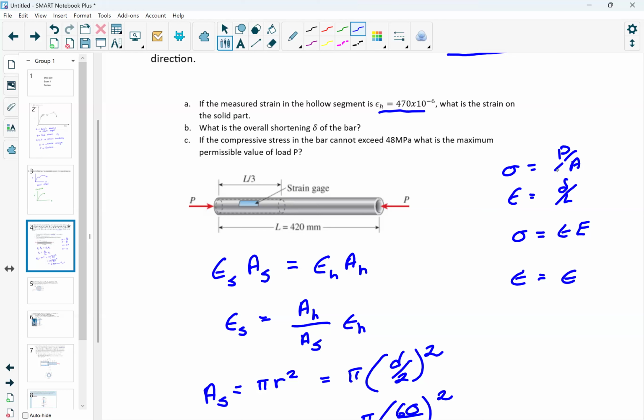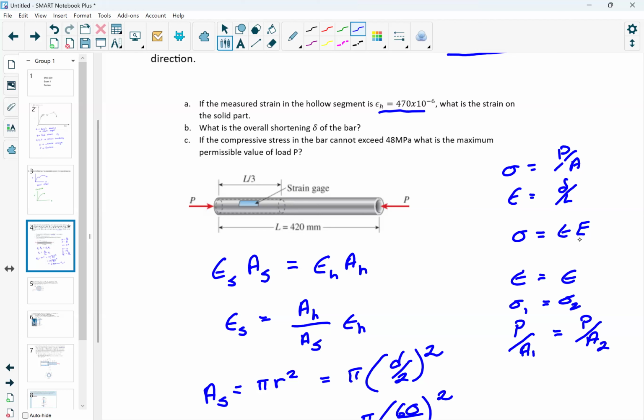Okay, so what does this tell us? We have two areas, but our stress in the two areas has to equal each other. So then we're going to have P, which is the same, over A1. That's going to equal P, which is the same, over A2. As I mentioned, the P's here are the same.